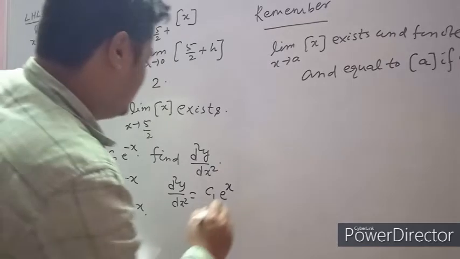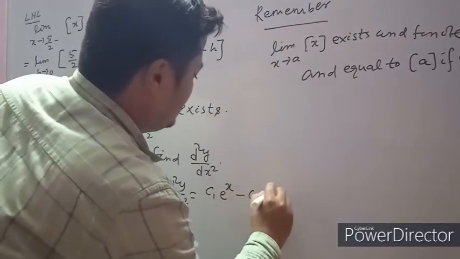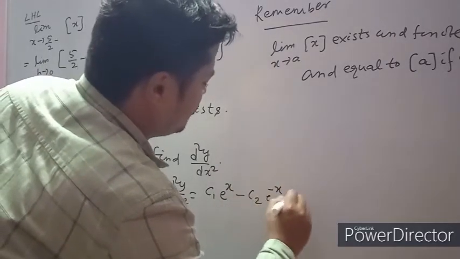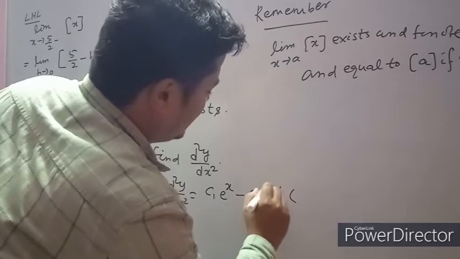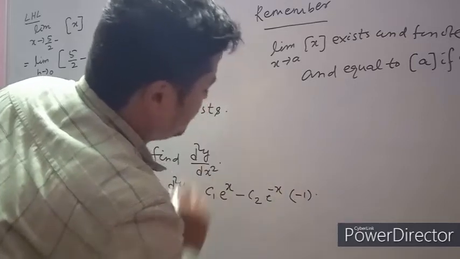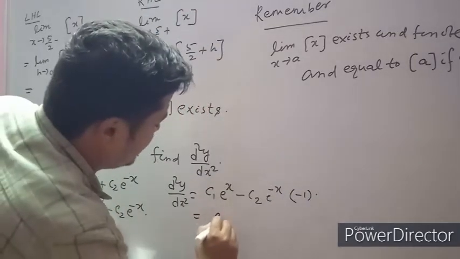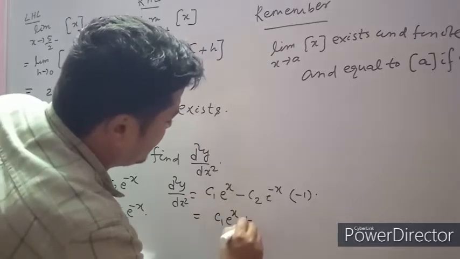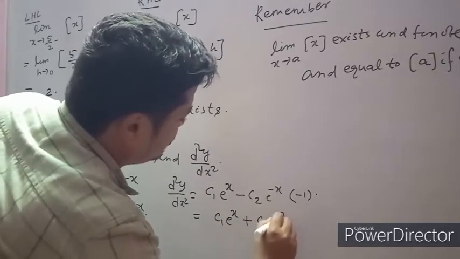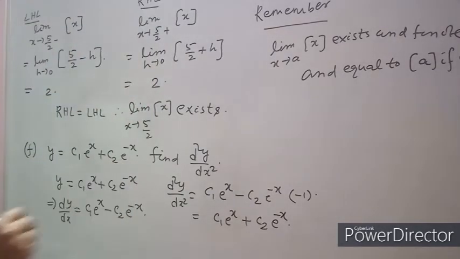This becomes minus c2 times the derivative of e to the power minus x, which is e to the power minus x times the derivative of minus x, which is minus 1. So you get c1 e to the power x plus c2 e to the power minus x.